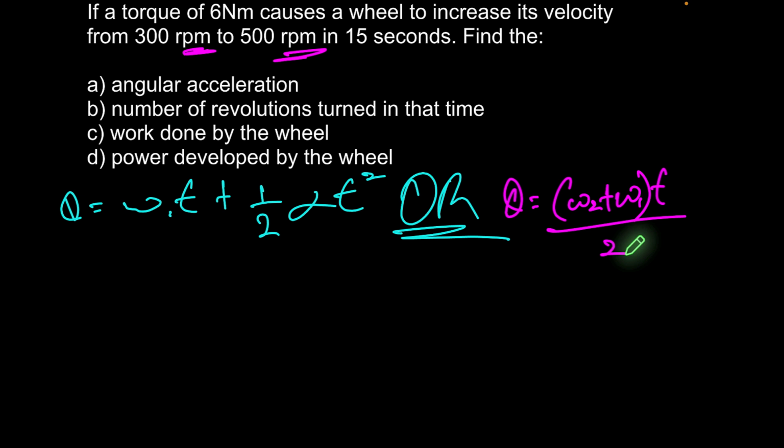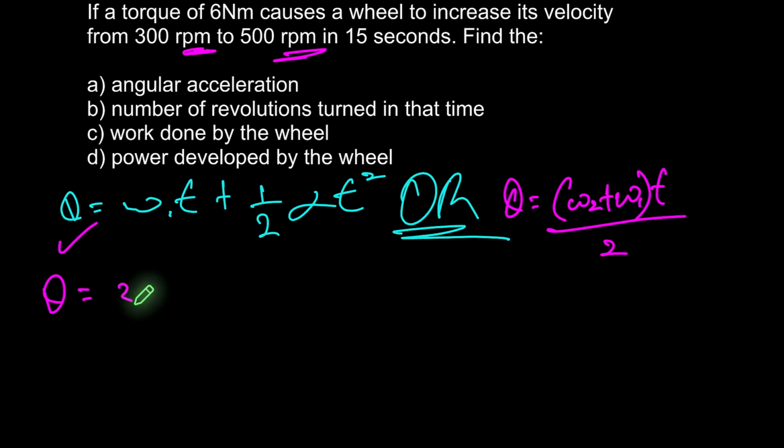Since we have calculated our acceleration previously, let's go ahead and use the first one. But by all means, you can try the second formula and see if you get the same answer.